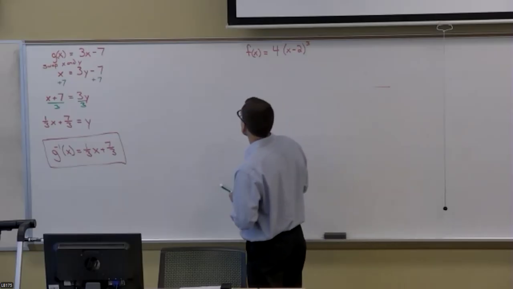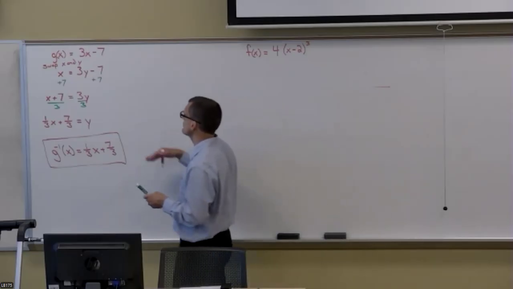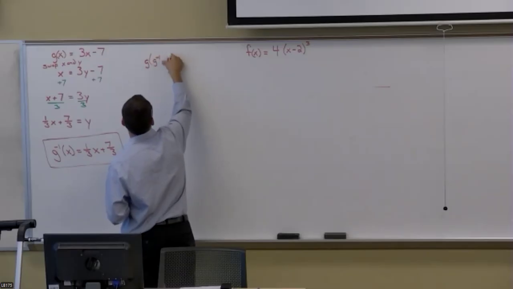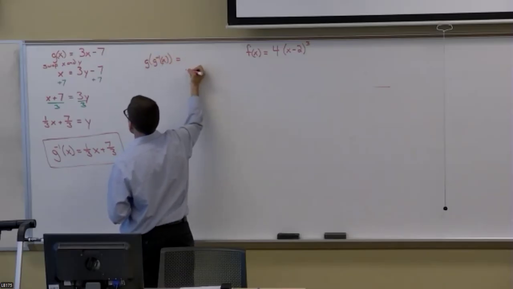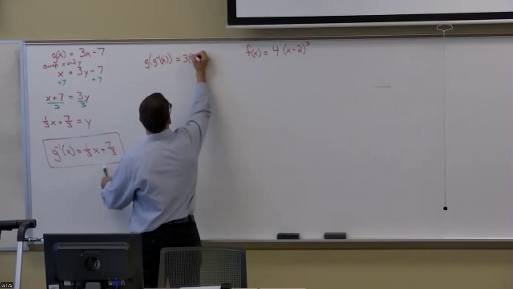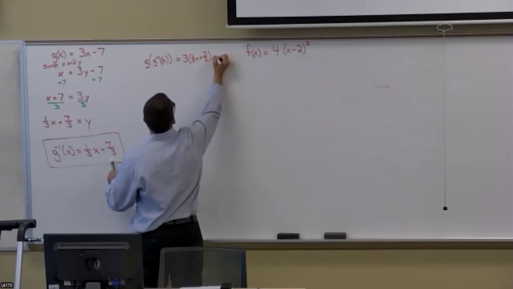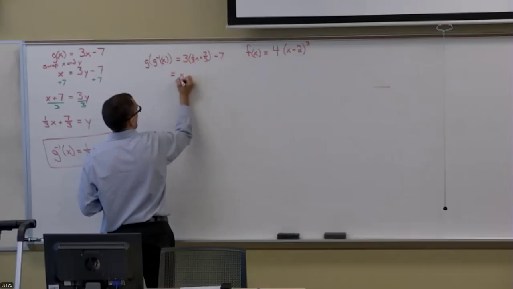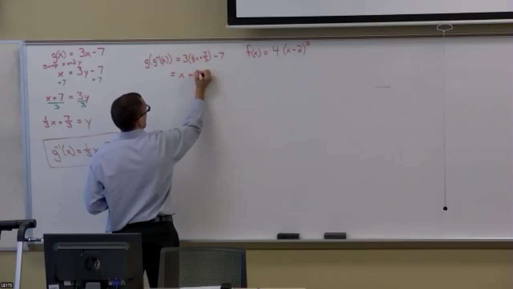All right. Oh, yeah, so you could check, let me just check what I think is the inverse. I'll do this pretty quick. So I take 3 and then input 1/3 x plus 7/3, and then subtract the 7. 3 times 1/3 x is just x, 3 times 7.